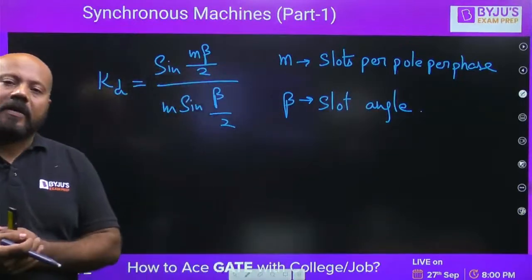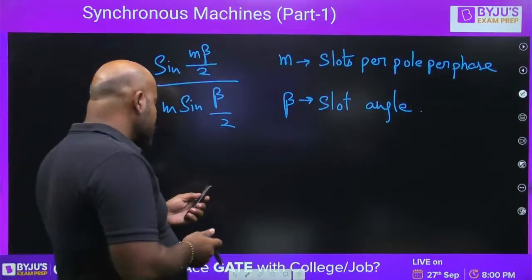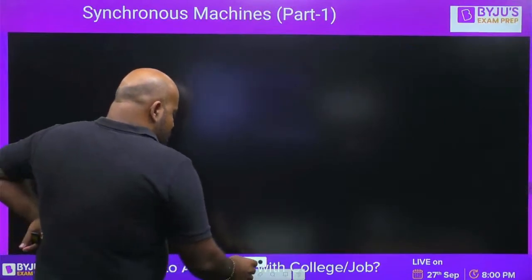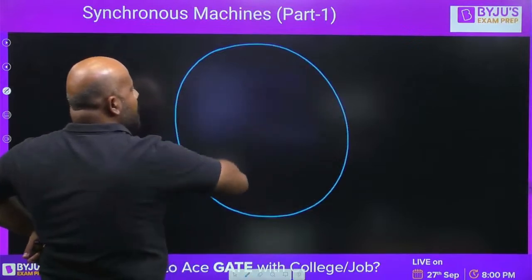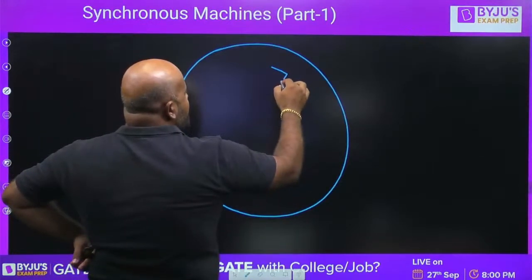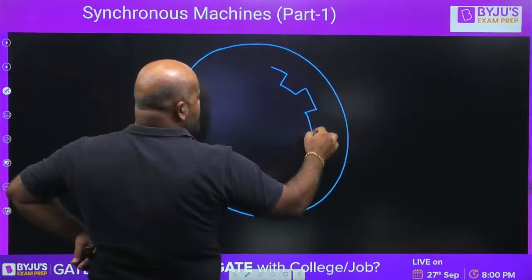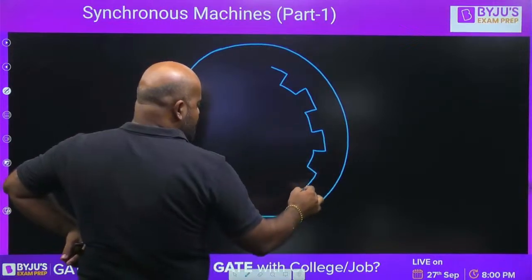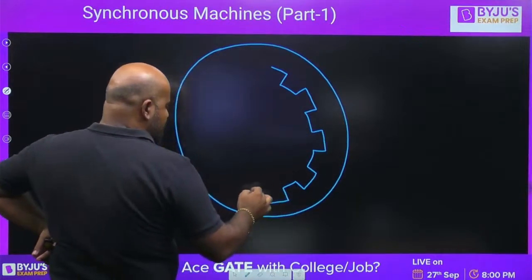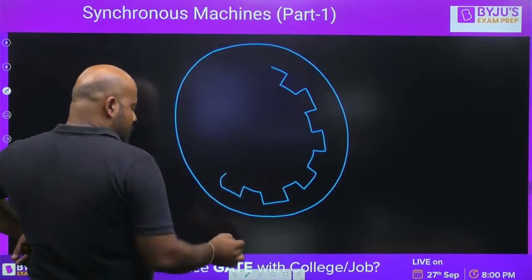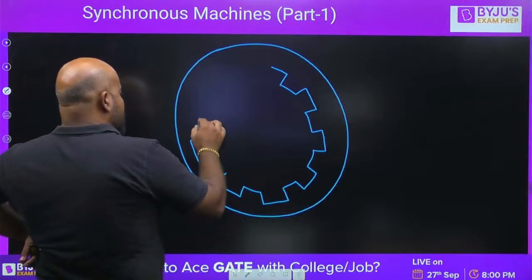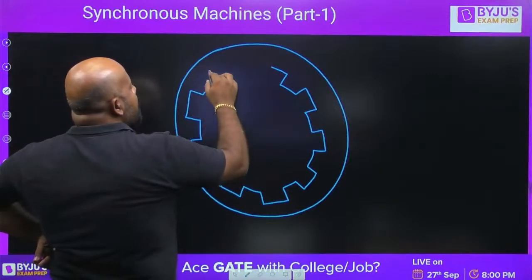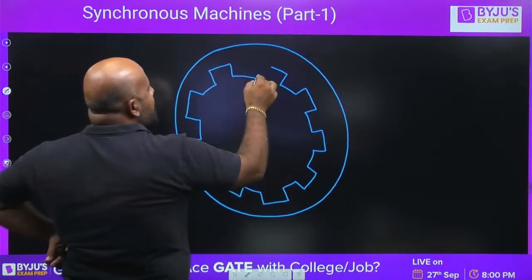What is the meaning of slot angle? Let us try to understand. Suppose this is your stator. I am not a great artist, but I think you can understand it.